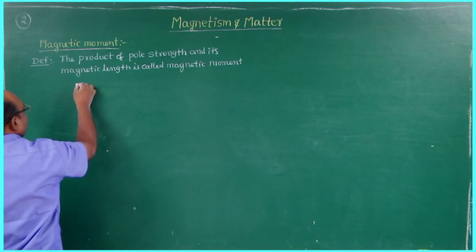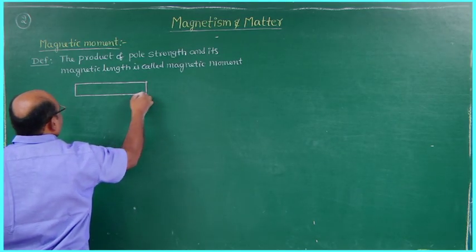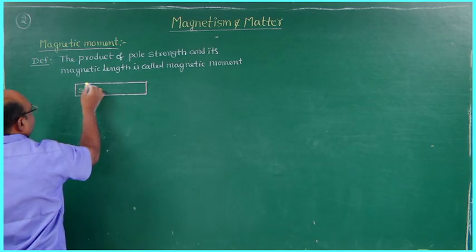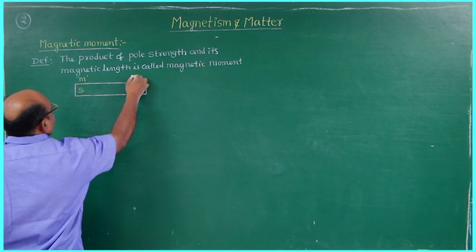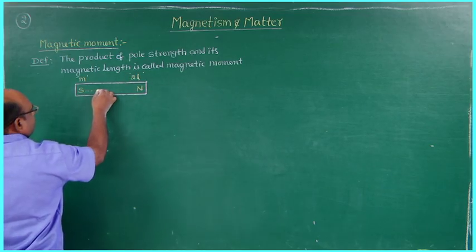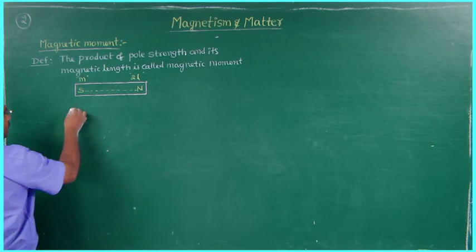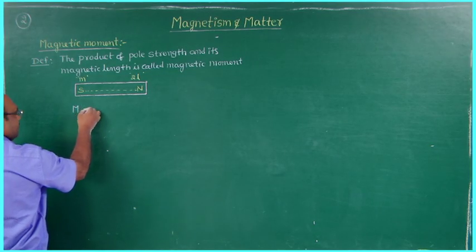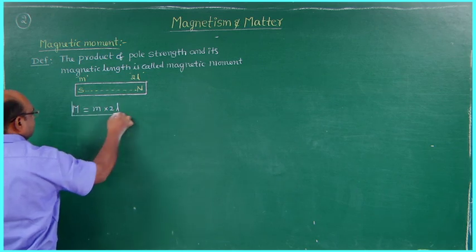Suppose this is the bar magnet, a south pole and a north pole. Pole strength of the magnet is M. Magnetic length is 2L. This is the magnetic length. From the definition, the product of pole strength and magnetic length is nothing but the magnetic moment. So M into 2L is the magnetic moment.